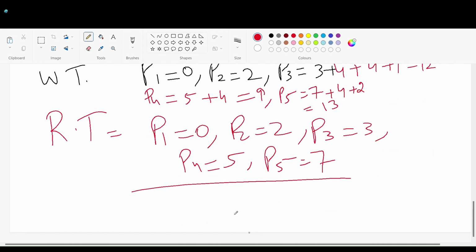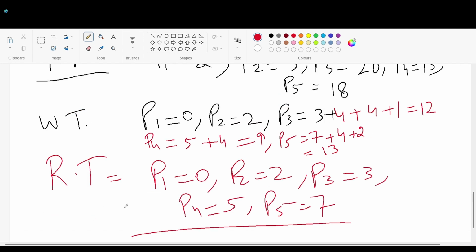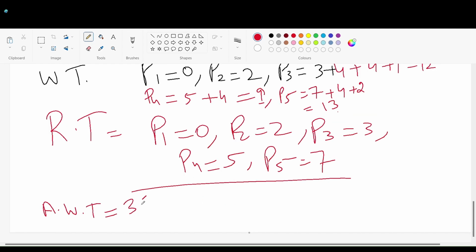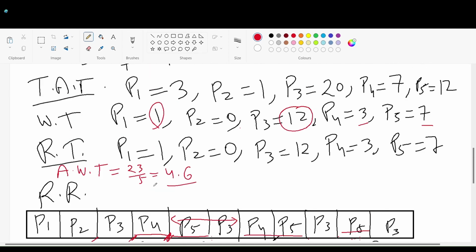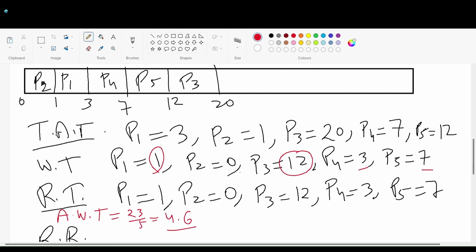The average waiting time in the round robin algorithm: 2 and 12, 14, 14 and 9, 23, and 13, 36, right? 36 divided by 5 is 7.2. Okay, so which algorithm has the minimum waiting time?